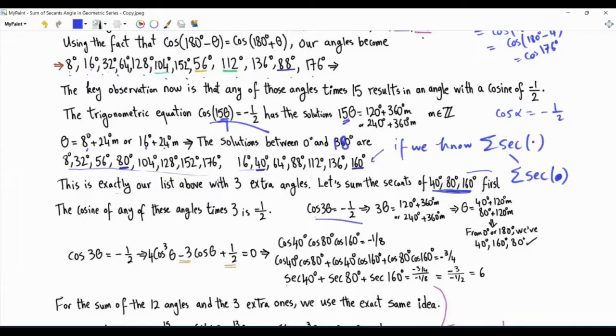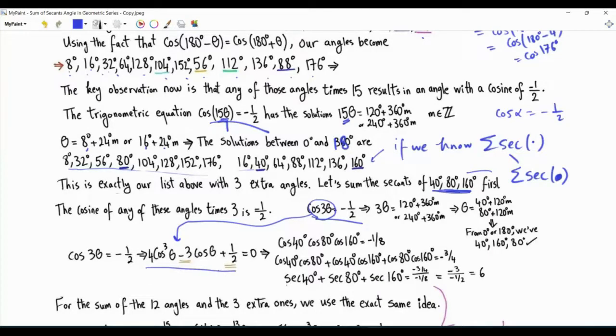The trick is to express cosine 3 theta using cosine theta. So we know the formula for cosine of the triple angle. Cosine 3 theta is exactly equal to 4 cosine cubed theta minus 3 cosine theta. And then we can take this minus half and move it to the other side.